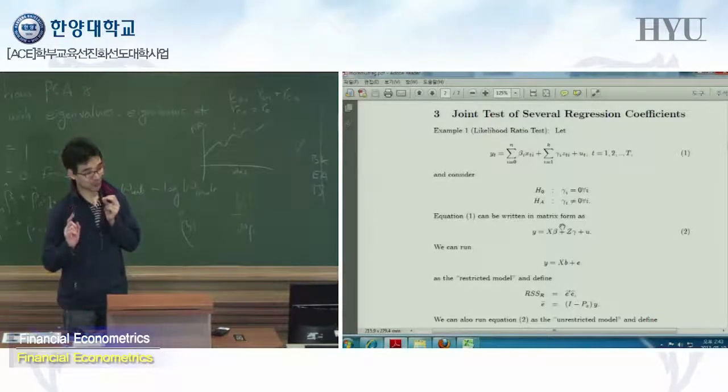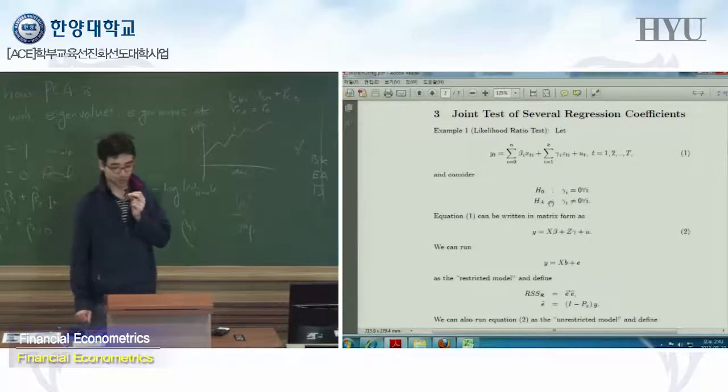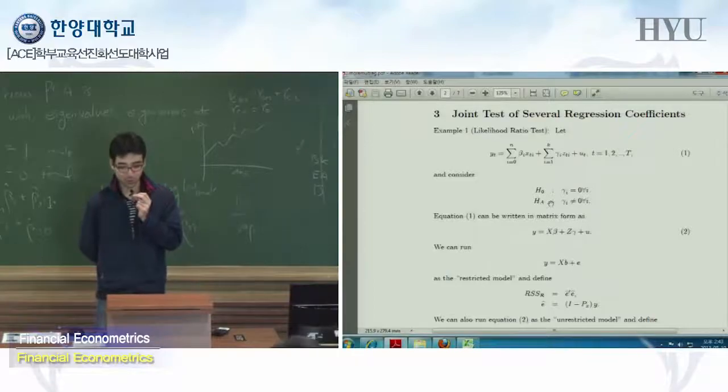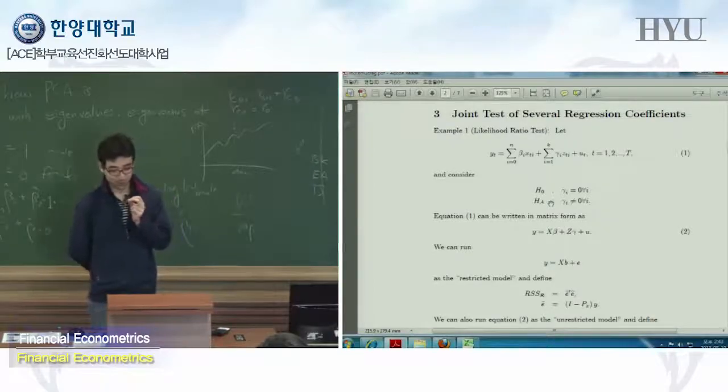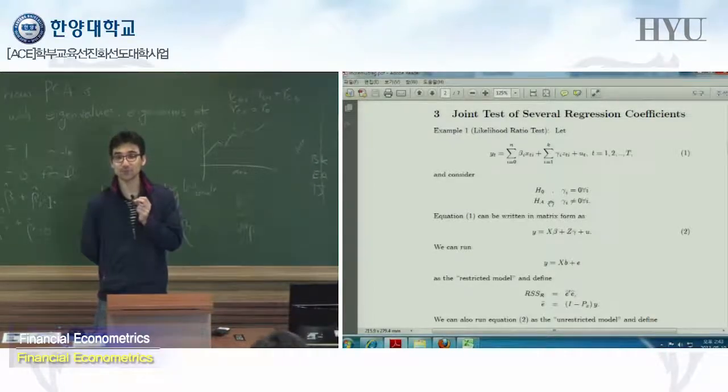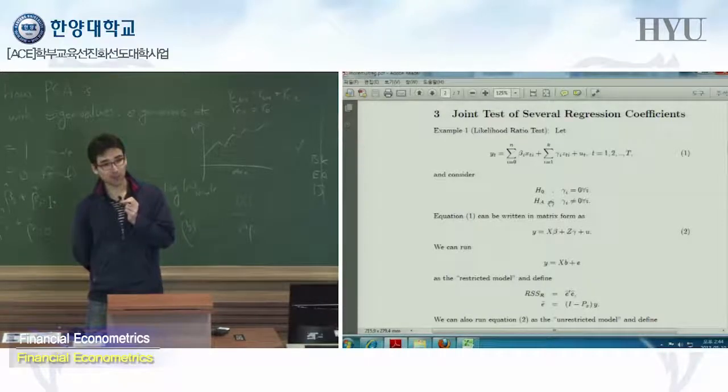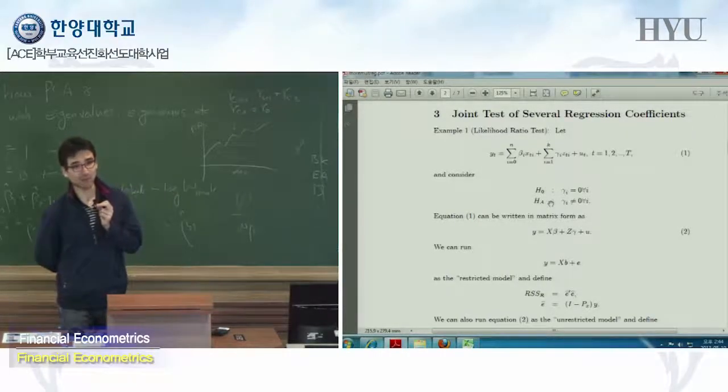So if the null hypothesis is right, it doesn't matter whether we run the regression y equals X beta plus Z gamma plus u, or y equals X beta plus e. The results should be similar to each other. If the null hypothesis is rejected, or if at least one gamma is significant, then both regressions should be significantly different.